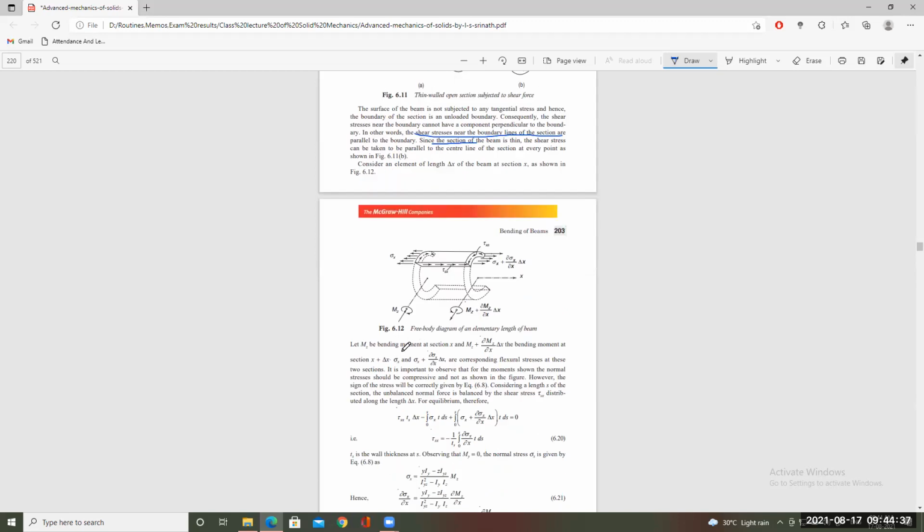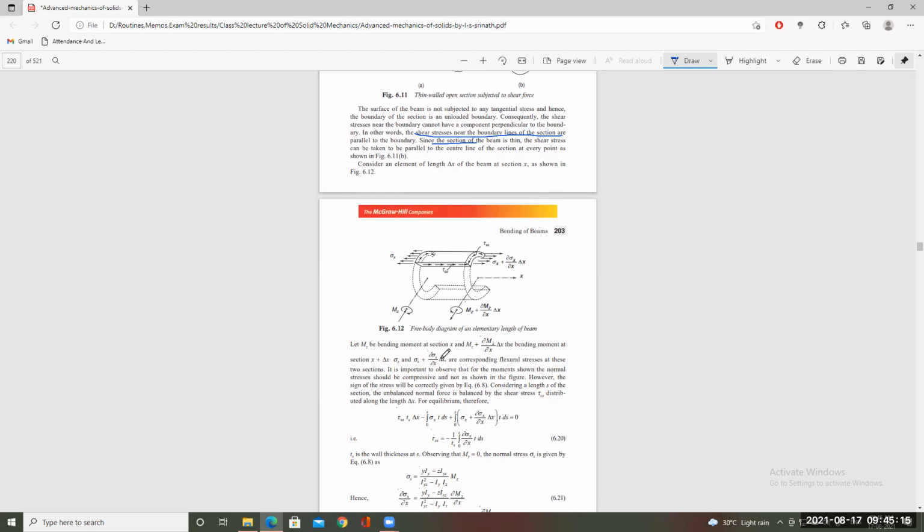Now, if Mz is the bending moment at section x, then following the same discussion, the bending moment at the other section is Mz plus dMz by dx into delta x.